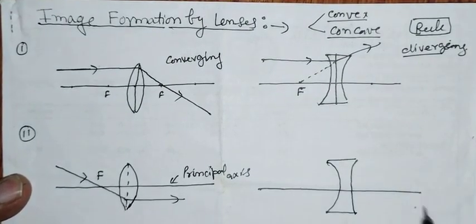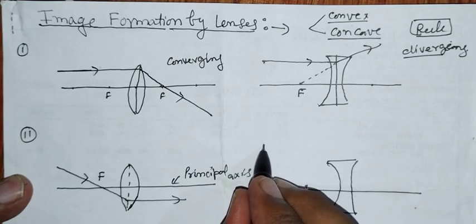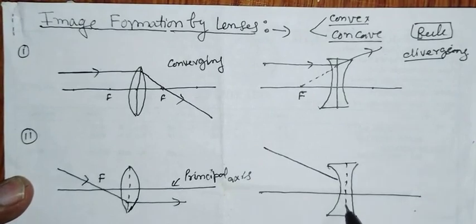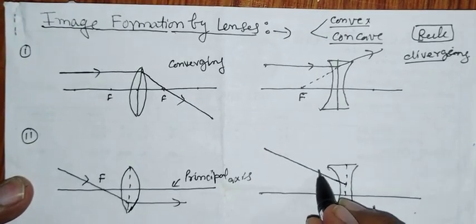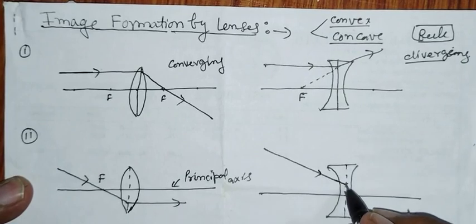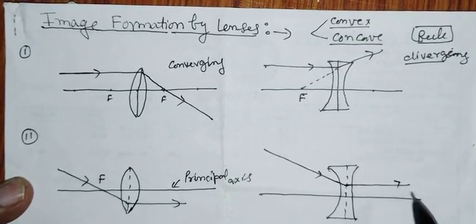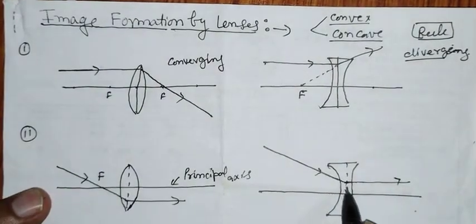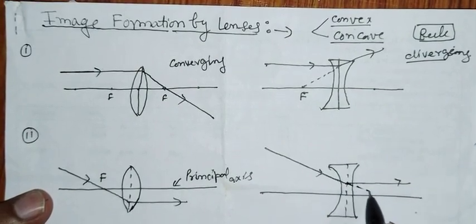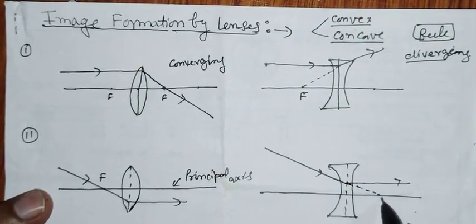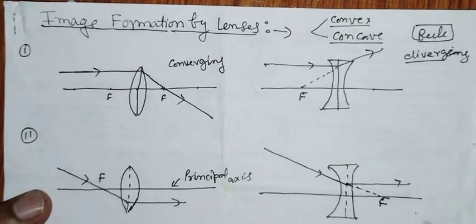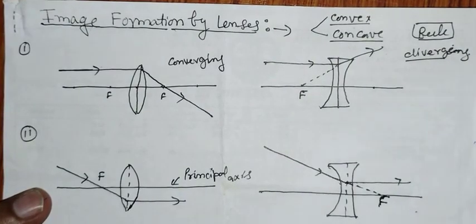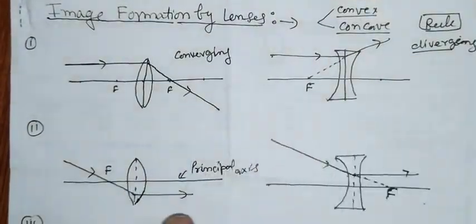Here, if a ray of light falls on a concave lens and becomes parallel to the principal axis after refraction, then it seems to appear to come from the focus. Very important, the second rule. The first rule is this, second rule is this.